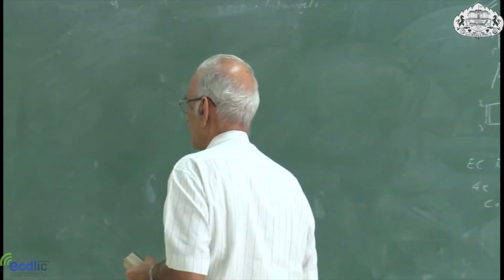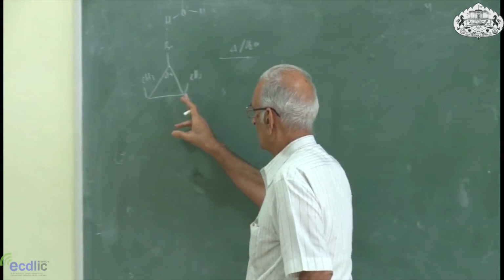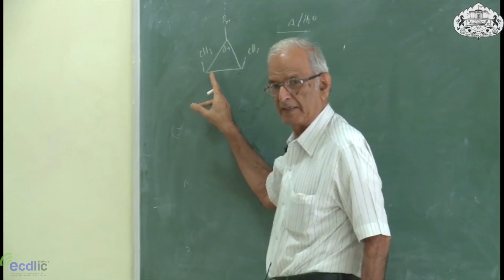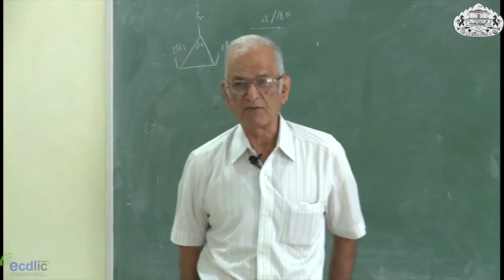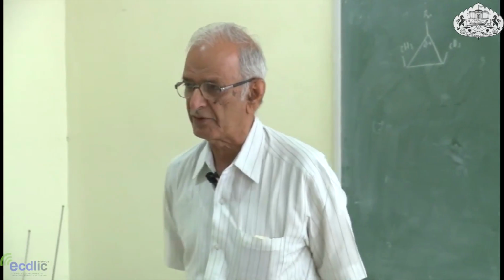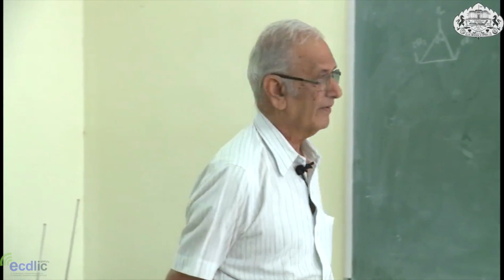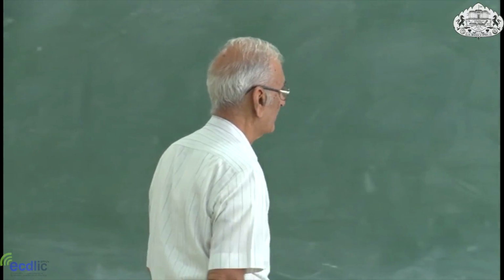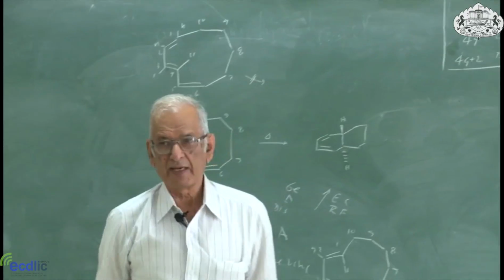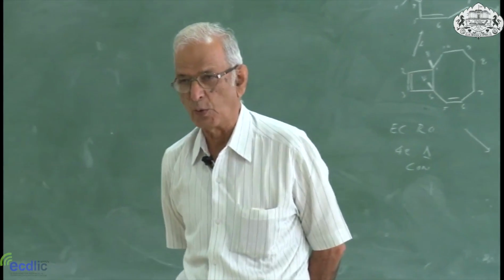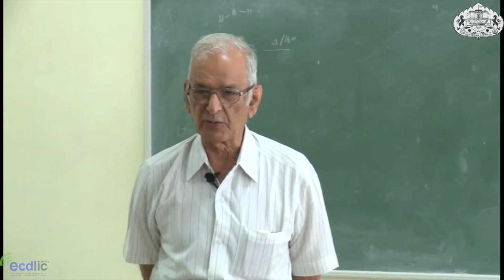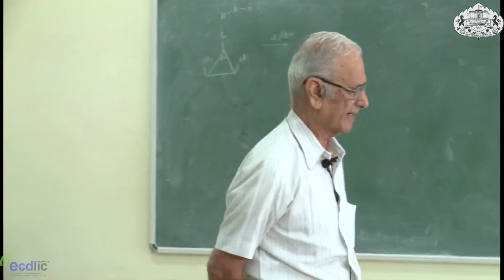How many electrons are involved? 2 electrons are involved in the carbon-carbon bond and no electron is involved in the carbon-bromine bond. So it is a 2-electron system. If it is a 2-electron system, it falls into this category where Q is equal to 0. So the 2-electron thermal reaction is going to be disrotatory.